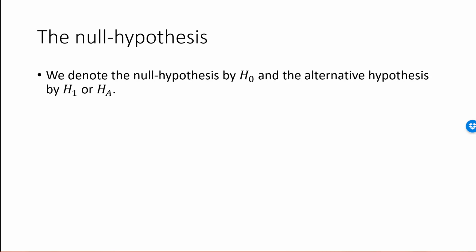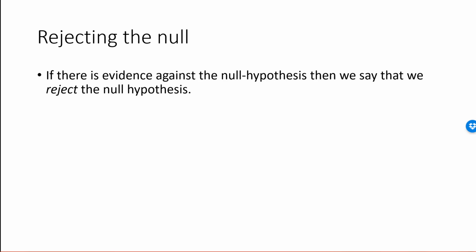The whole idea is to collect data, make observations, and try our best to reject the null hypothesis. That's the idea. So rejecting the null, if we find enough evidence against the null, then we reject it.